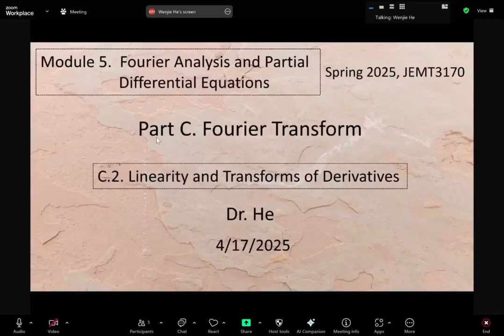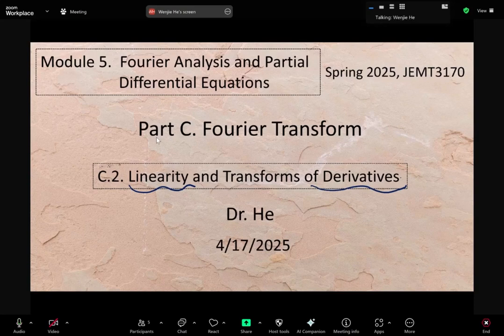Next topic, we want to study the properties of these transforms: the linearity property and the derivative property. Linearity is easy. The derivative formula is similar to the Laplace transform, where we have the linearity property and the derivative property too.